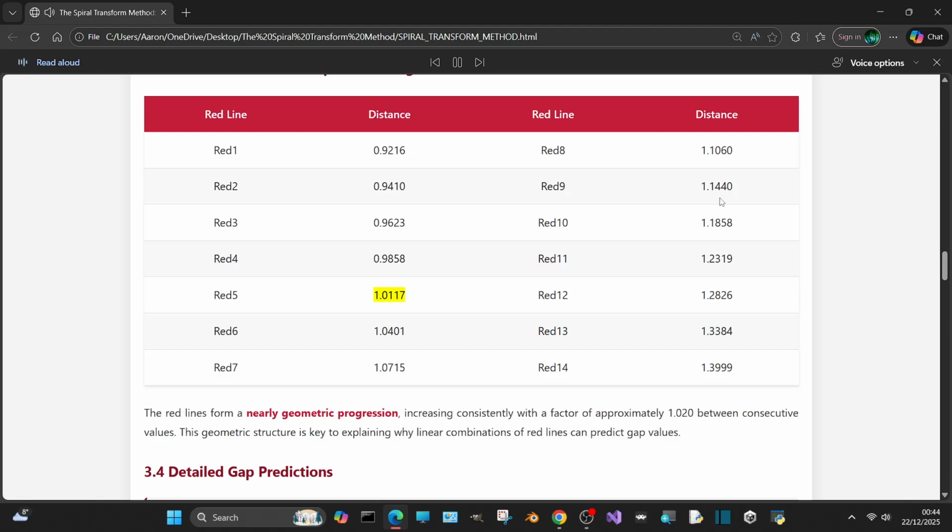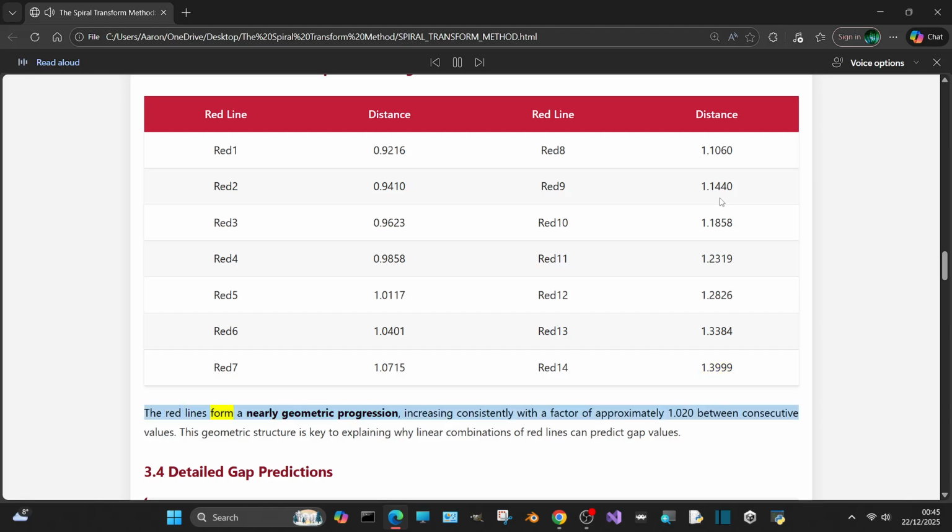Red 12: 1.2826. Red 13: 1.3384. Red 14: 1.3999.